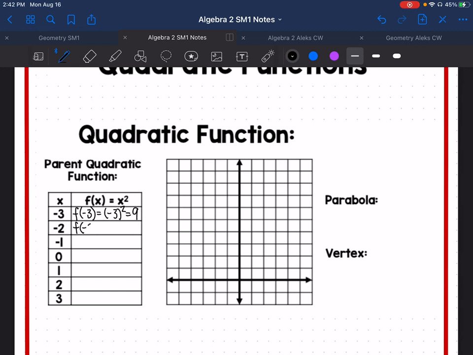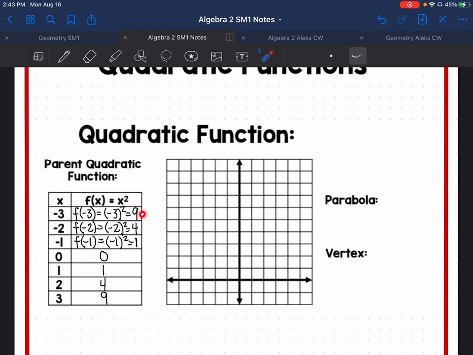Okay, f of -2 would mean I'm doing -2 squared. I'm doing -2 times -2, positive 4. And here's the last one that I'm going to show you the substitution completely. I'm doing -1 times -1, which is positive 1. So for the next one, 0 squared is 0, 1 squared is 1, 2 squared is 4, and 3 squared is 9.